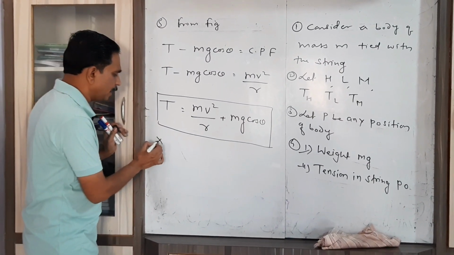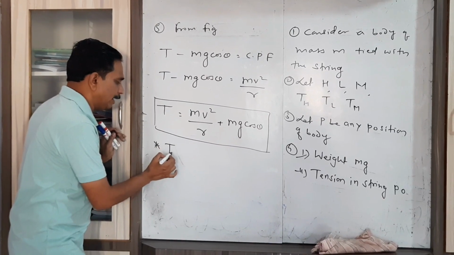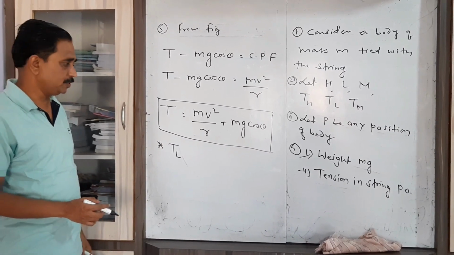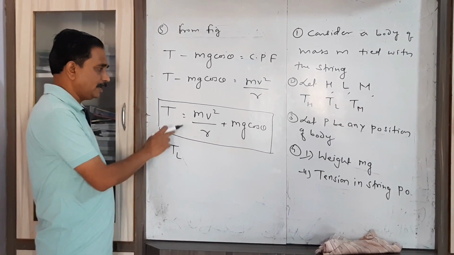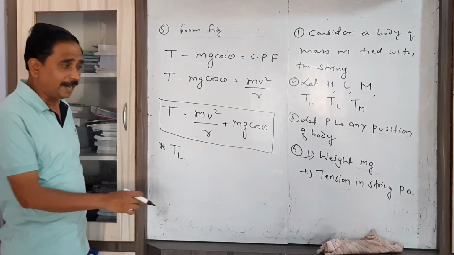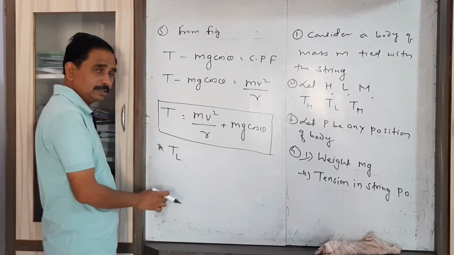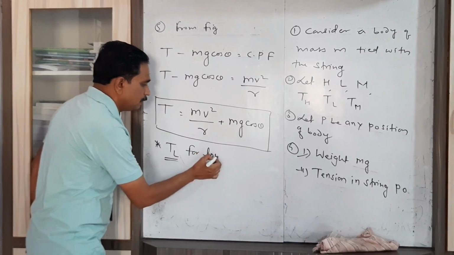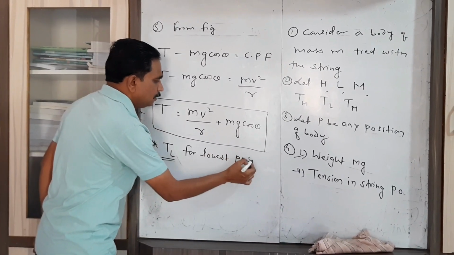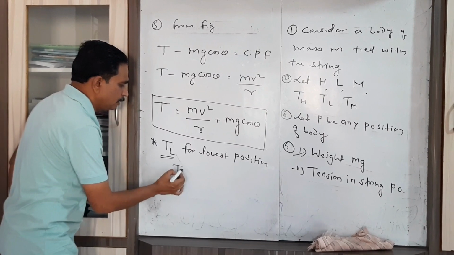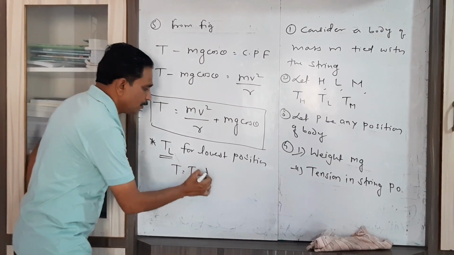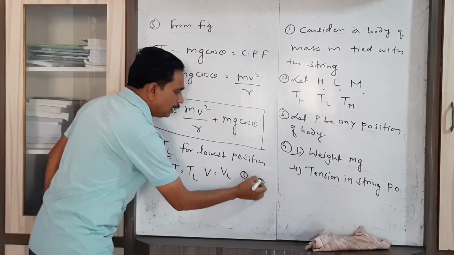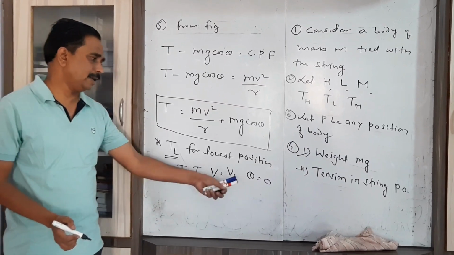Now from that we can easily find out the tension at the lowest position, the tension at the highest position and the tension at the middle position, just by considering this expression and putting in the values. For the lowest position, you have to put T equal to TL, V equal to VL, and when that body is at the initial position, obviously the angle is 0.